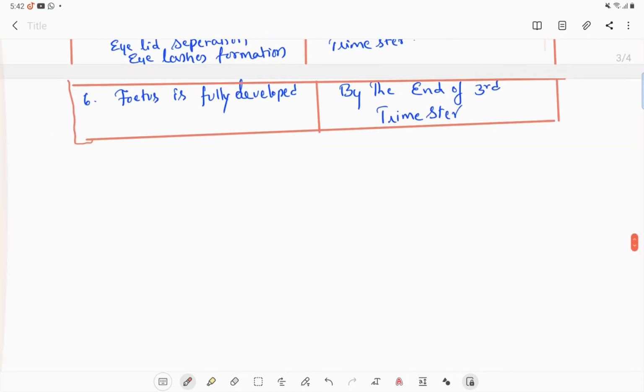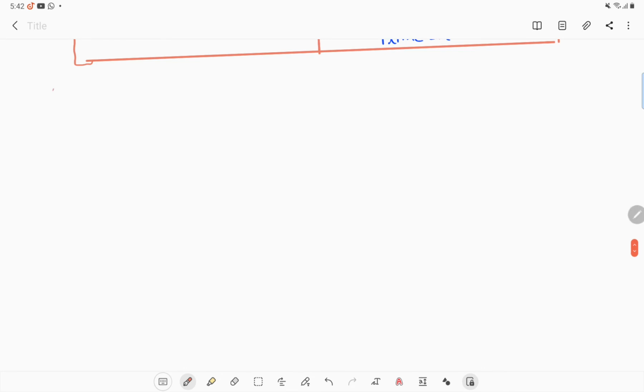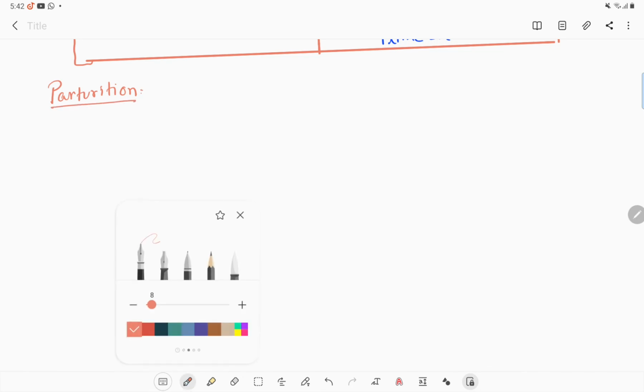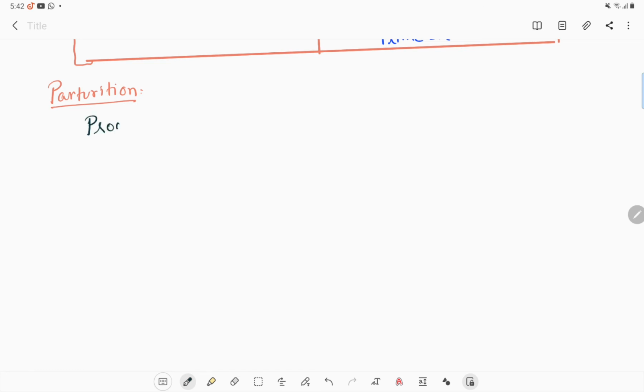Right? So let us go for the next one, parturition. What is meant by parturition? The process of childbirth is called parturition.